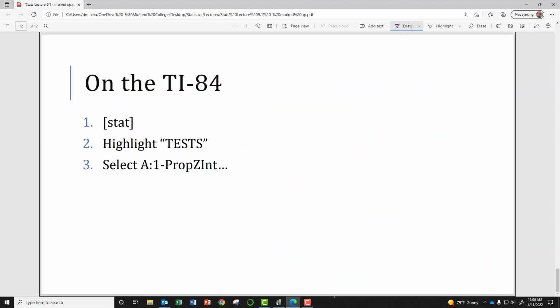Okay. Last thing I'll say is there's a shortcut on the TI-84 to doing one of these, since we can actually go back and redo example 3. Trying this, we're going to click the Stat button, we're going to highlight Tests, and then we're going to select A on there. So let's try that.